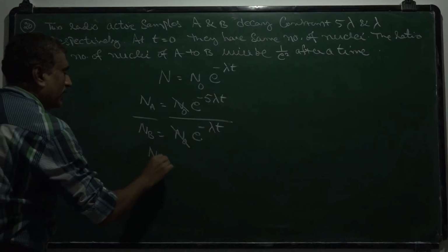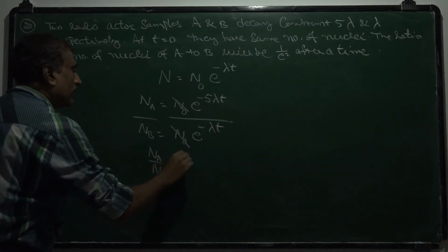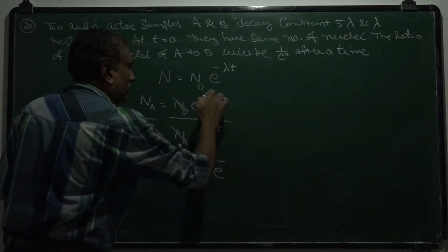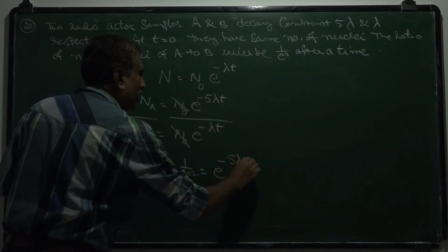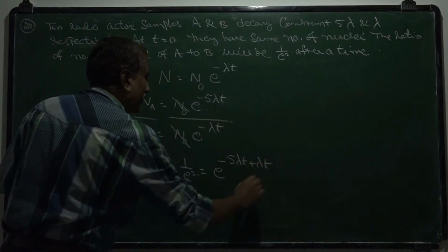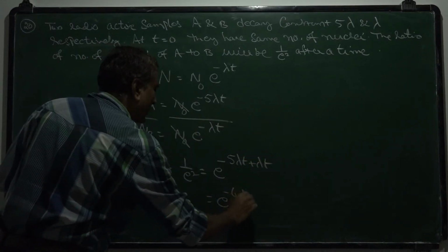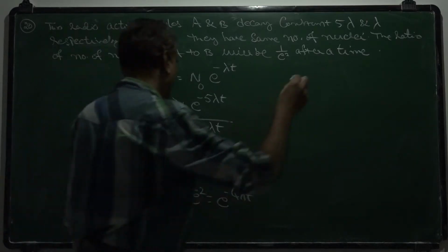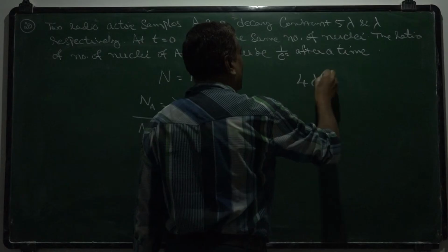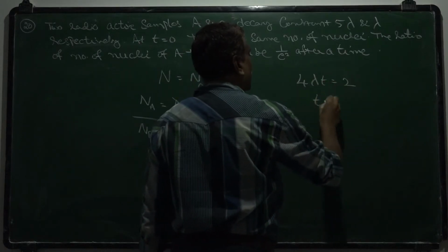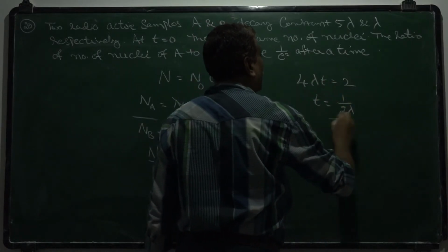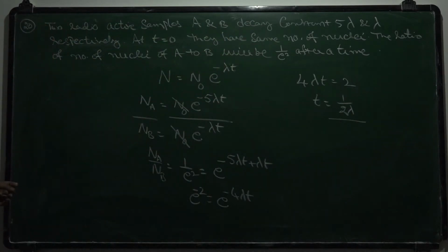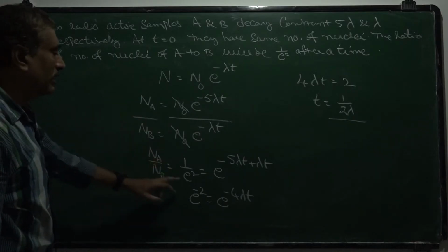So Na by Nb is equal to 1 by e square, that is e power minus 5 lambda t plus lambda t, that is e power minus 4 lambda t, that is e power minus 2. So 4 lambda t is equal to 2, so t is equal to 1 by 2 lambda. So after a time t equal to 1 by 2 lambda, the ratio of the remaining nuclei will be 1 by e square.